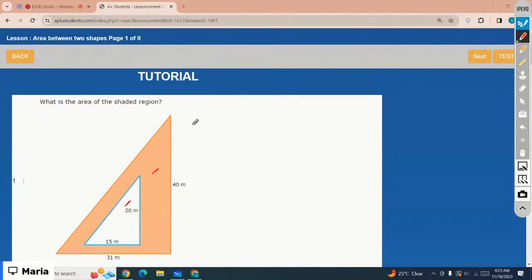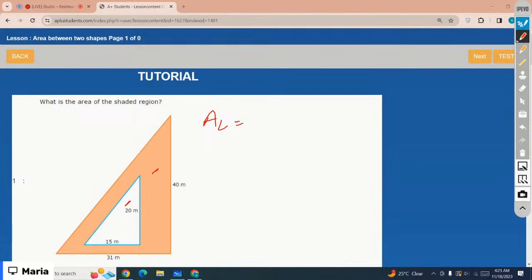So let's just calculate the area of both the triangles. You know that the area of a triangle is half times base times height. So the area of the larger triangle is half times base times height. So let's just do 40 times 31 divided by 2.